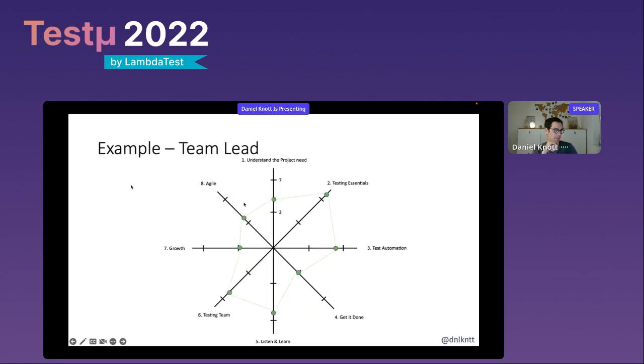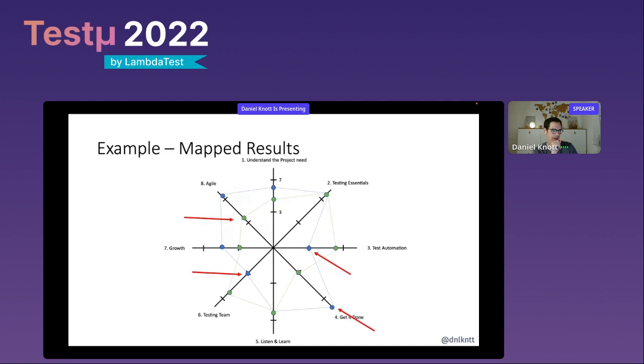And this might be the result of the team lead. So if I look at the person, this might be my impression of the person. Completely different. And just jumping to the next slide, I'm mapping now the results. You see, the direct report in blue said, okay, let's start here, understanding the project, I know everything. The team leader thinks, there might be something that is going wrong here. So we need to talk maybe.